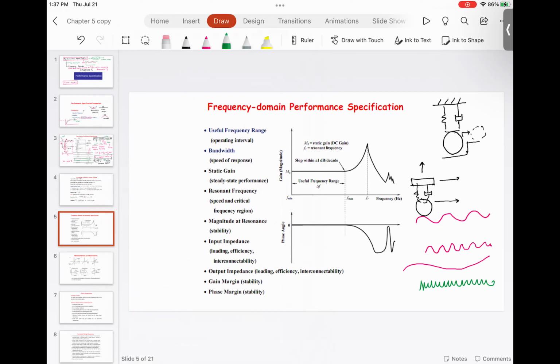That question is answered by the frequency domain performance specification. Frequency domain performance specifications are super important when you have a system that is excited by an input of varying frequency. Everyone understood the setup here?